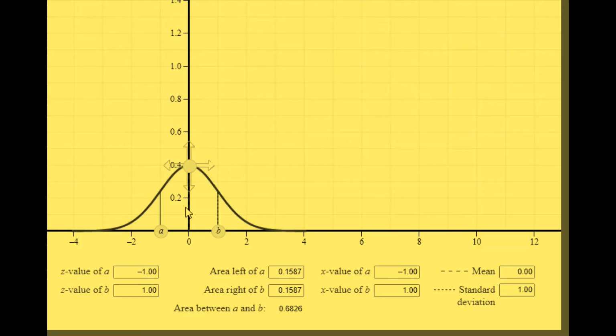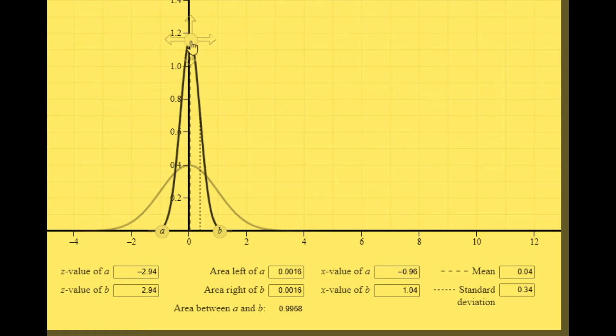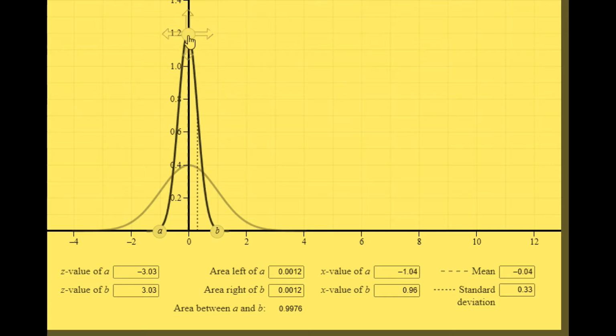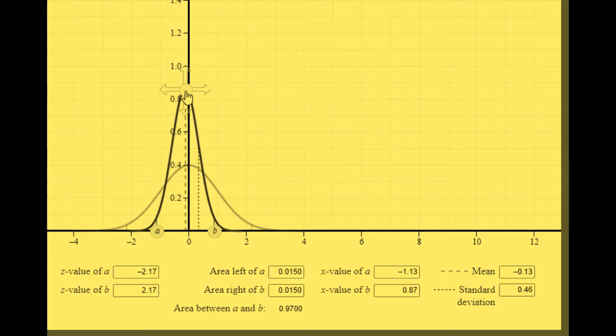Here, if I try to move the curve upwards, the center is not affected, so the mean is the same, but the width reduces. It becomes a peaked curve, so the standard deviation reduces when you move the cursor up. When you compress it vertically down, the center is again not altered, the mean doesn't get affected, but the standard deviation varies.